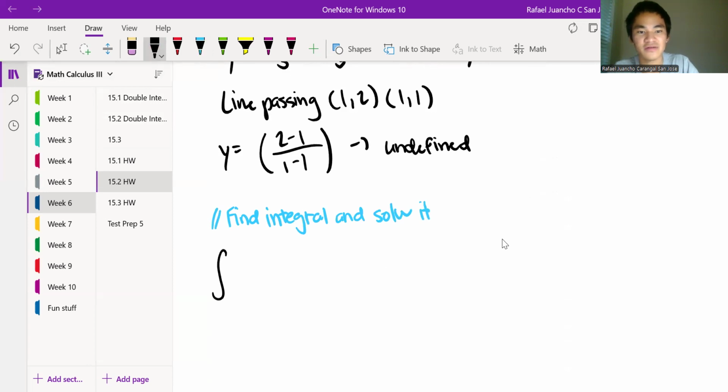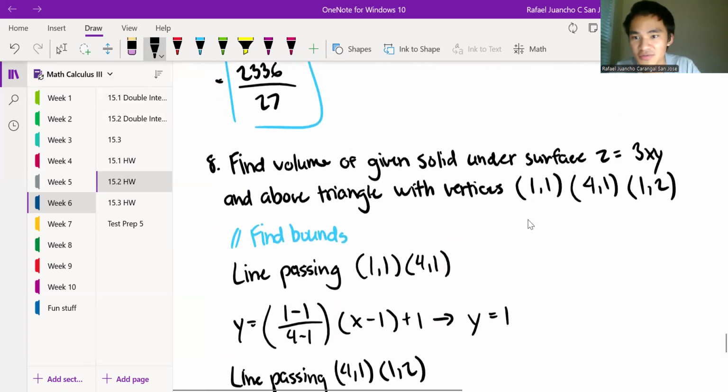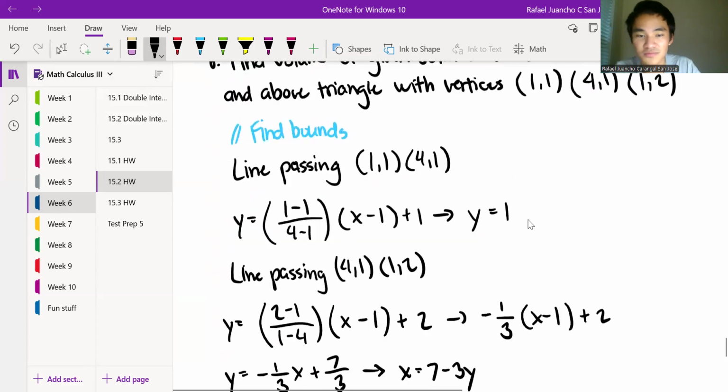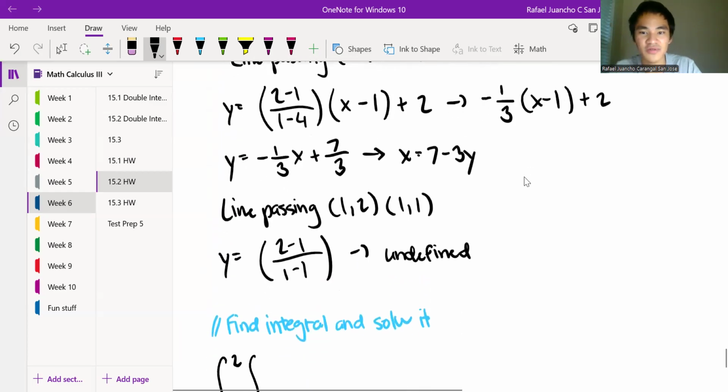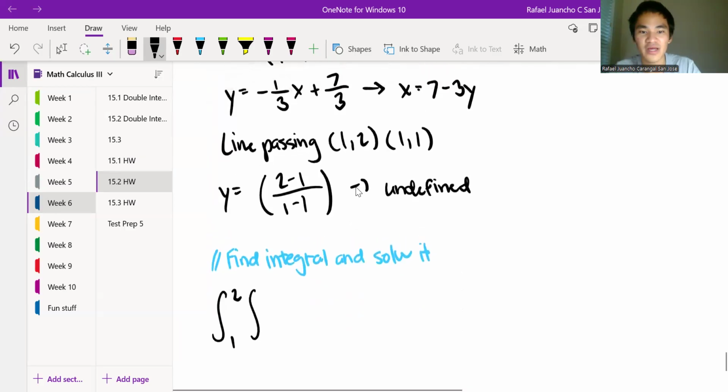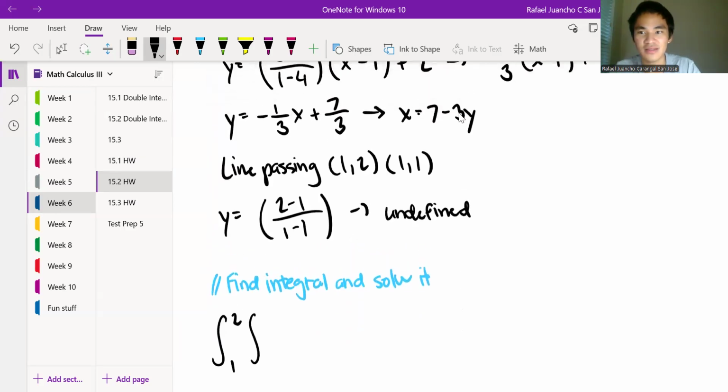So here I find the integral. Okay, for my y, it goes from 1 to 2. I just look at it. Here it goes from where to where. That's what I want to know. When my y is 1, this is 4.